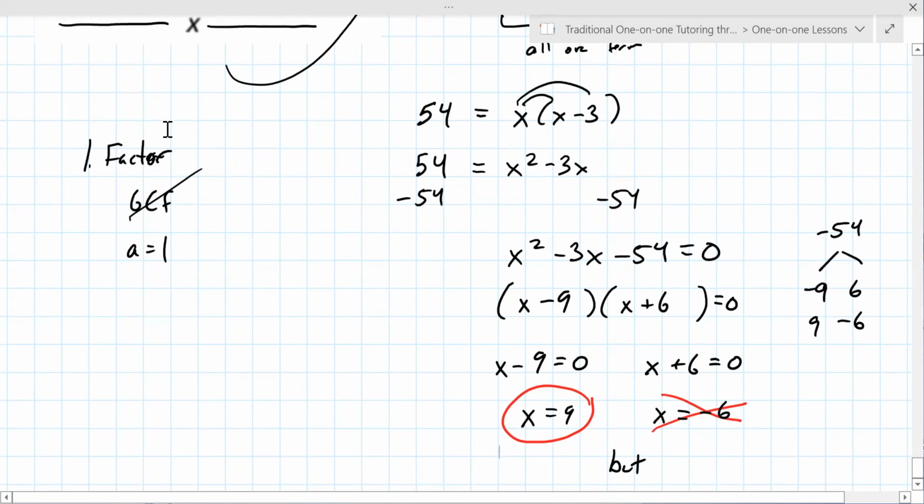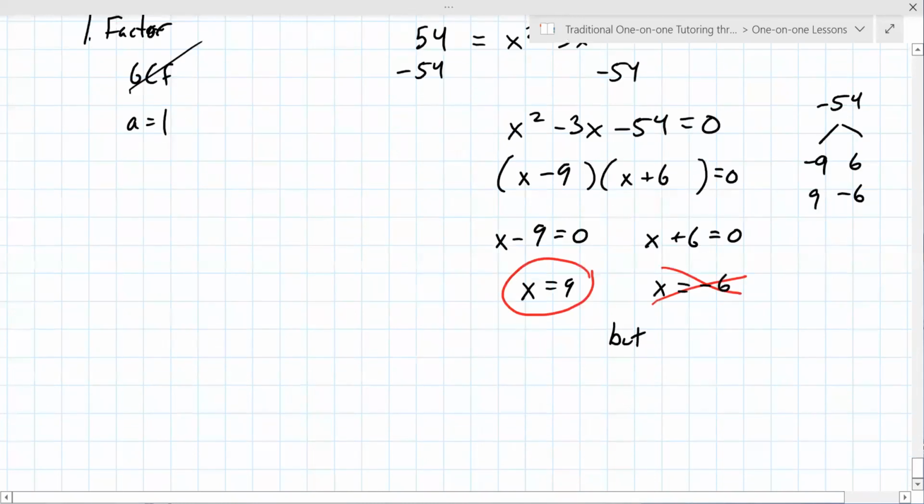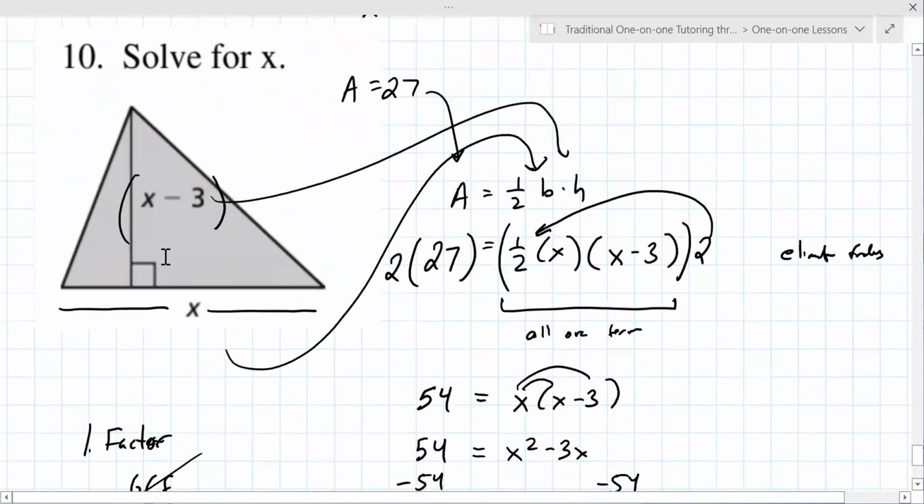Does that make sense? You may not be done when you think you're done. So that's our answer. x is 9.